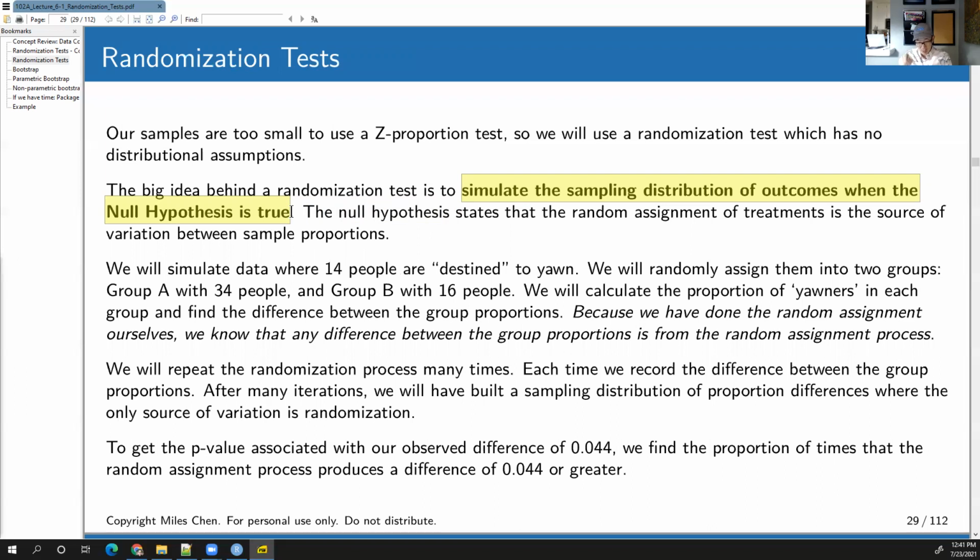We're going to create a sampling distribution for the different differences if the null hypothesis were true, okay? And the null hypothesis says that the two proportions in the population are equal, or basically they're coming from the same population, and that random assignment is really just the source of variation between the two samples, okay?